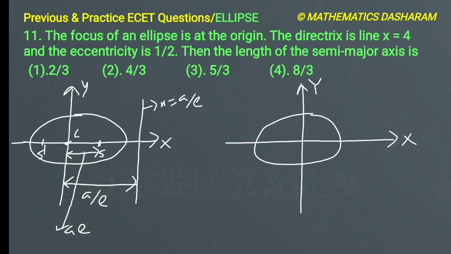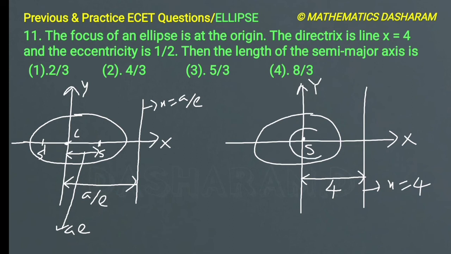Here is the S value. And the directrix is given, that is x equals to 4. x equals to 4 means from the y-axis to this line is 4, because the center of the ellipse is one of the foci as per the question.